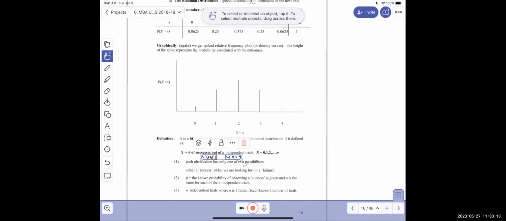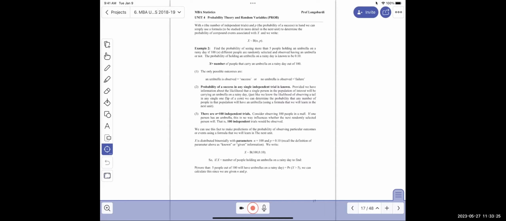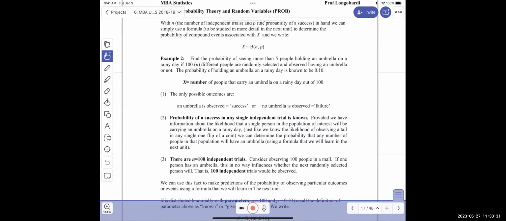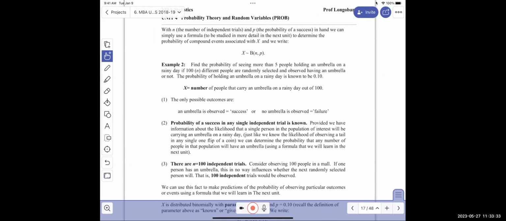So that's the P. It turns out if P is 0.5, you will have a symmetric distribution, just like we do here, but it's not necessarily always the case, okay? Because N and P will describe the shape of the distribution, we're going to refer to N and P as parameters.